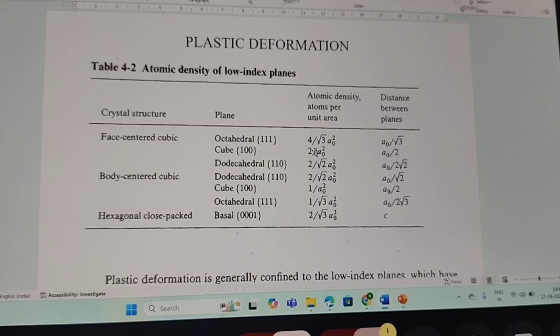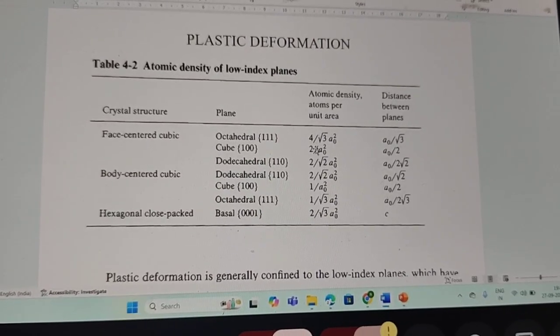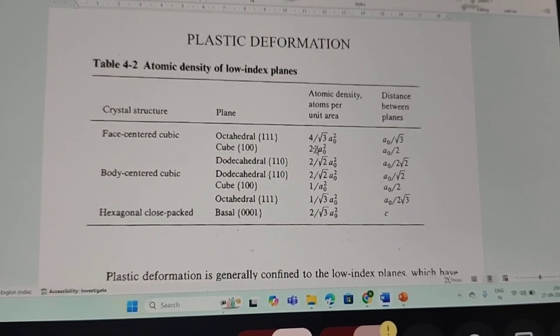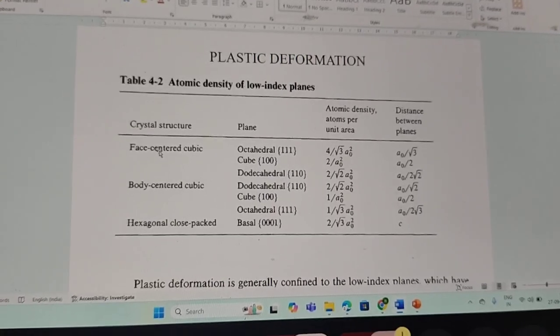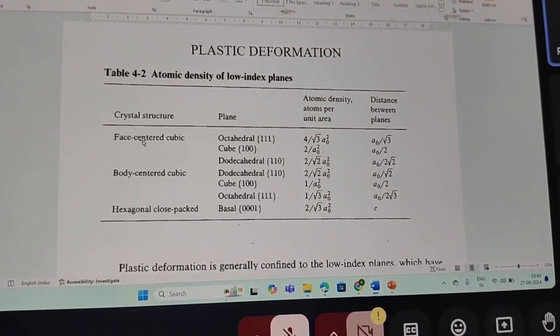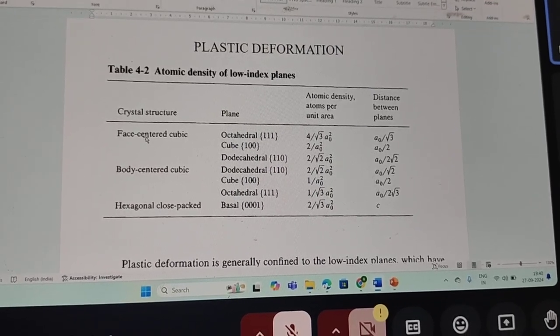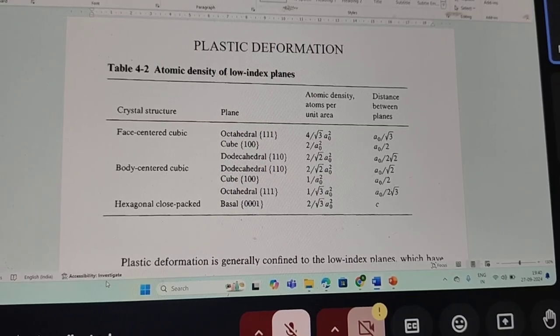So planes into directions give you the number of slip systems in a particular crystal structure. So in case of FCC, that is the maximum. So slip system, and that slip system is the maximum effective one for having the plastic deformation tendency for that material. So from this chart, I will move to the plastic deformation.